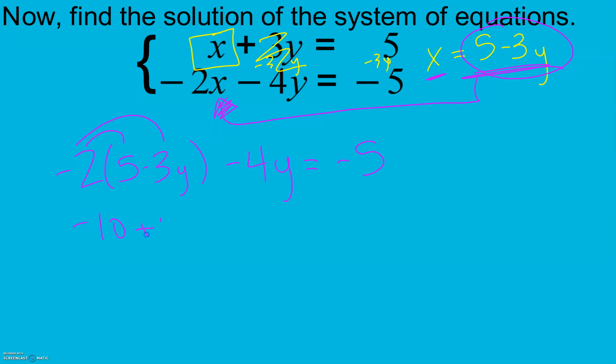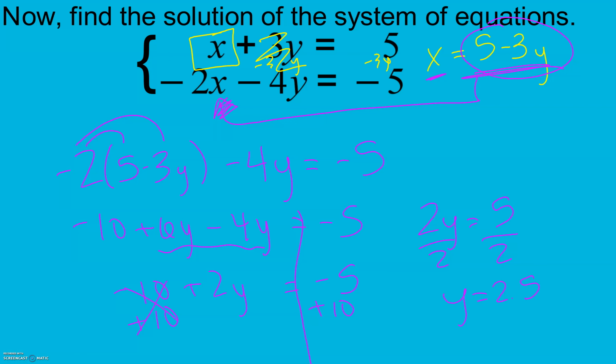Negative 10 plus 6y minus 4y equals negative 5. Combine like terms. Add or subtract. And then multiply or divide. And I get 2.5 for y.